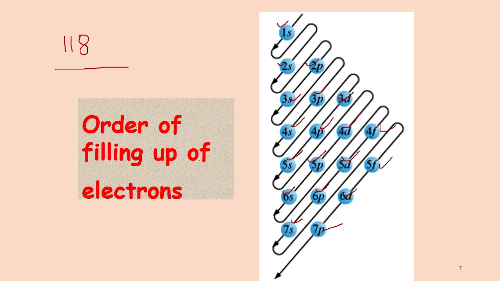If you find the total of electrons in all these orbitals, that will be 118, which is the number of elements present in the modern periodic table.